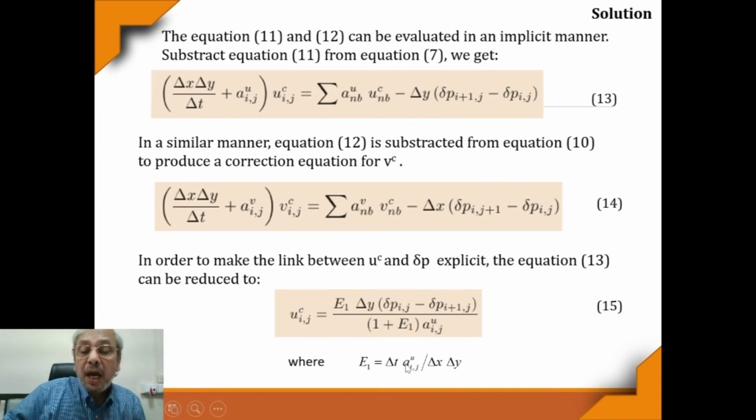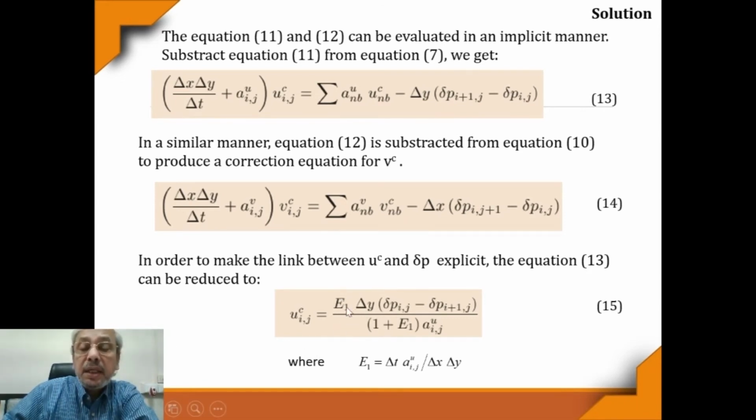And what is this E1? This E1 is not to be confused with E1, E2 we used in the momentum equation. There they were superscripts.